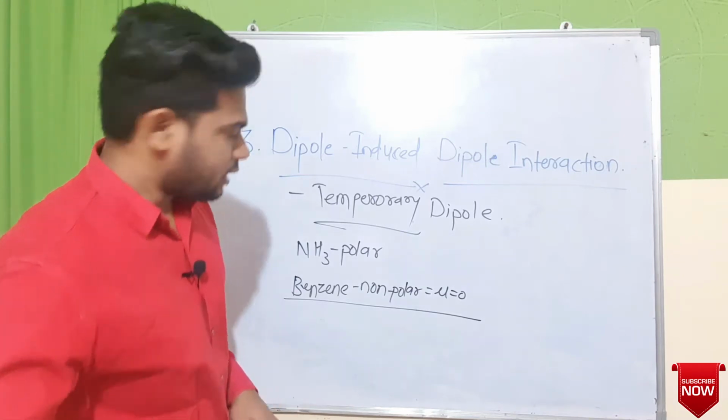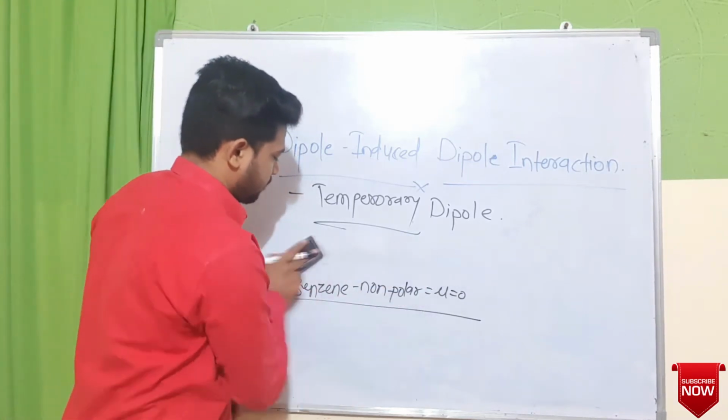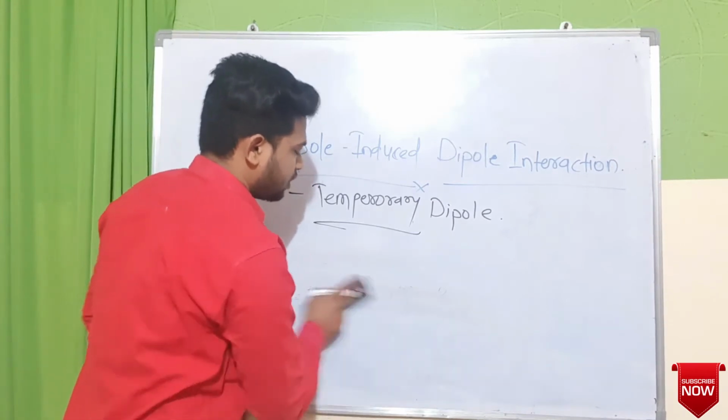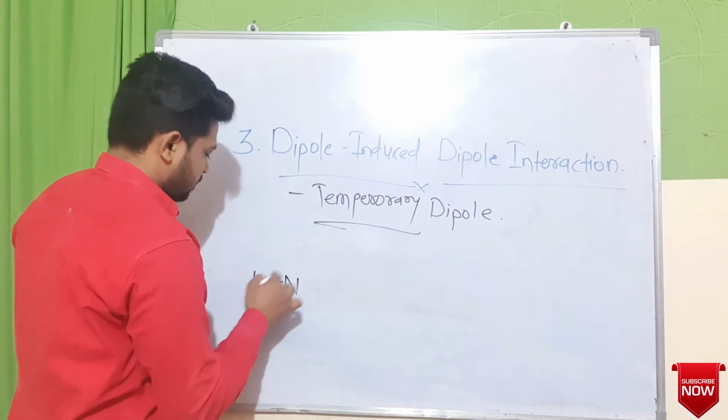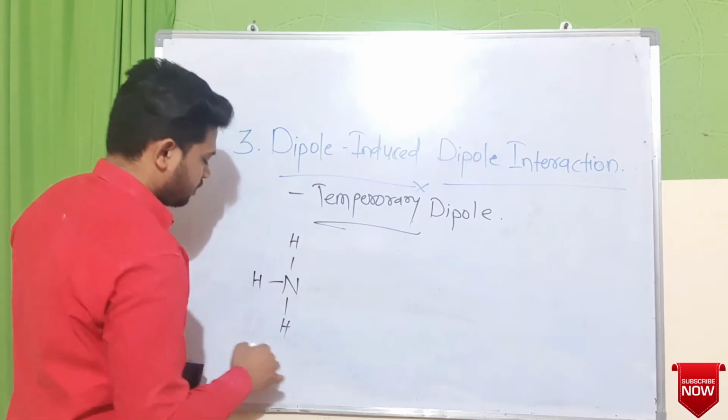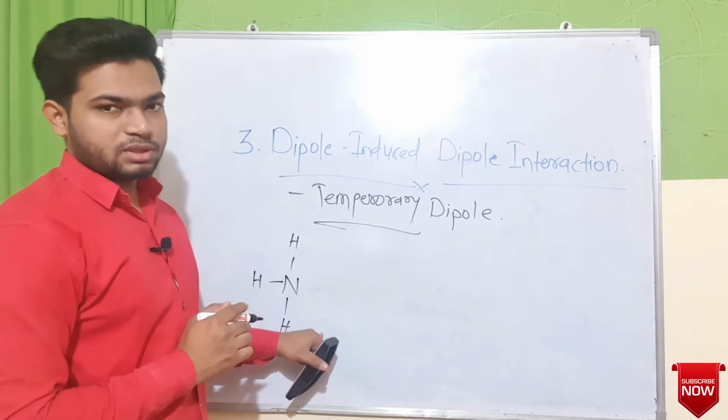Now if you take an example of this, the interaction between this ammonia and this benzene molecule will take place as, suppose this is nitrogen, these are the three hydrogens of ammonia. Now in this ammonia molecule there is a presence of dipole moment.